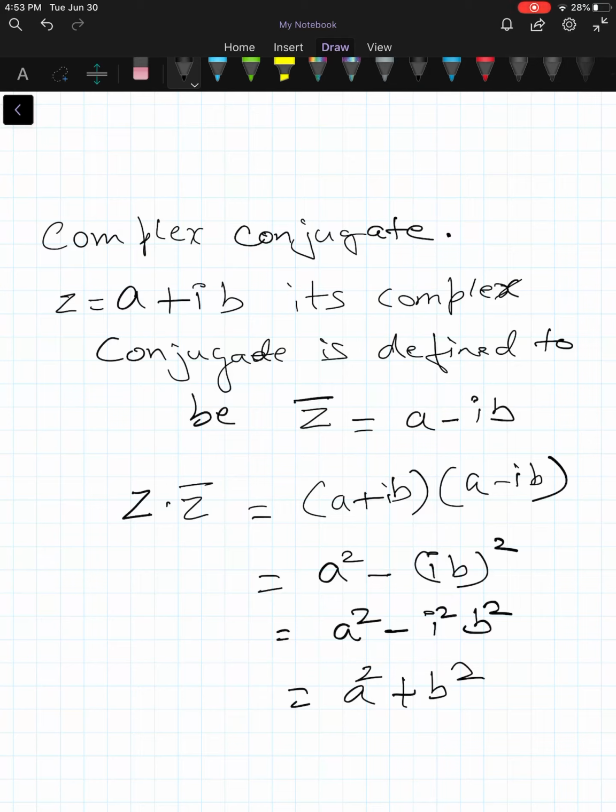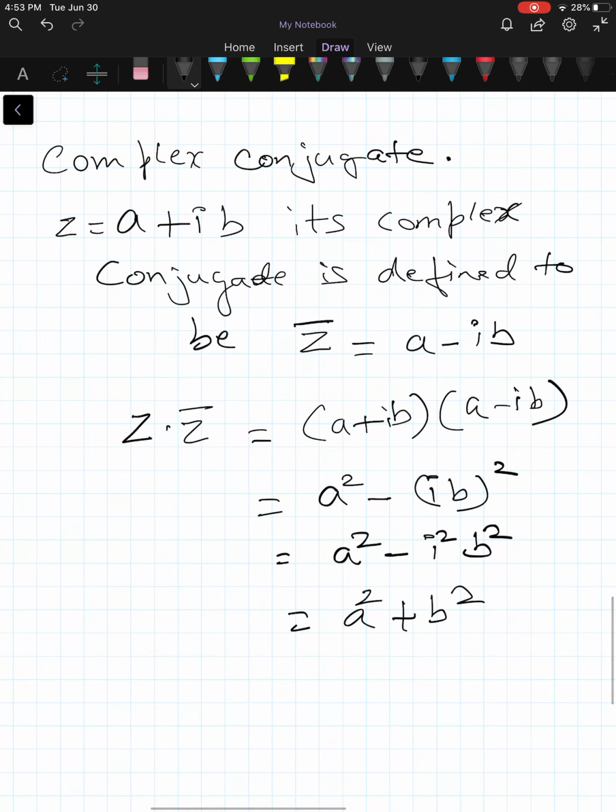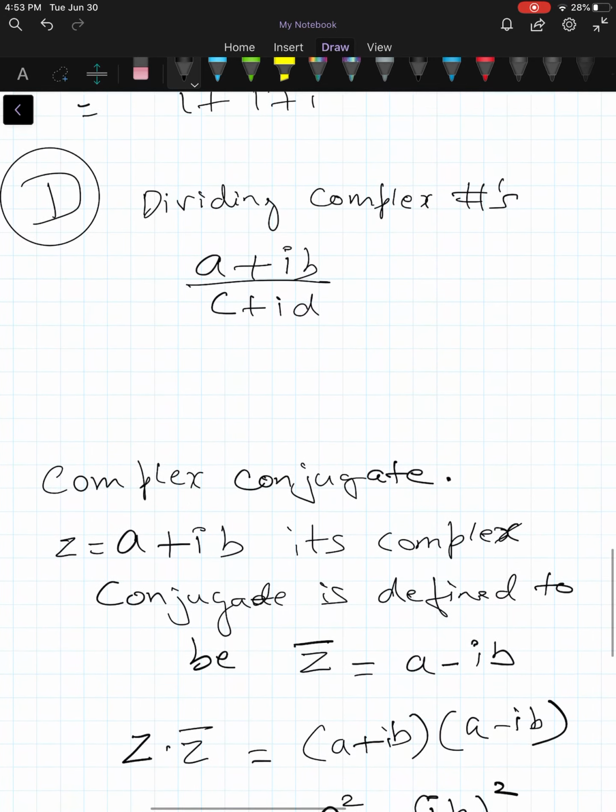So this is a very famous formula: if you multiply a complex number with its conjugate, you get a real number. So you can get rid of the imaginary part by multiplying a complex number by its conjugate. This is nothing but the rationalizing process. If you observe carefully, this is very similar to the rationalizing denominator or numerator process that we learnt in algebraic expressions, but this is for complex numbers.